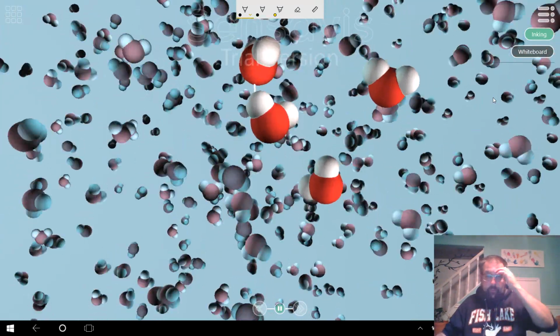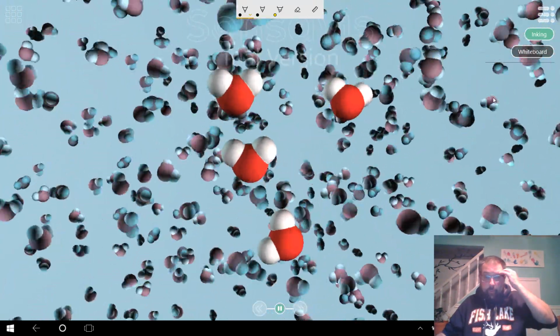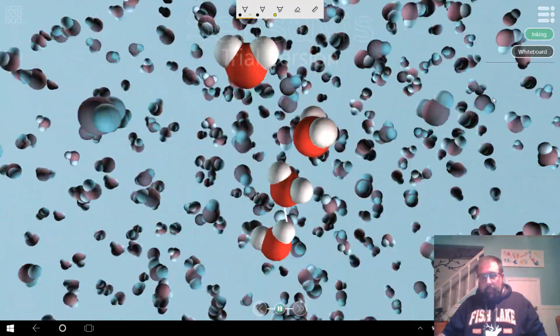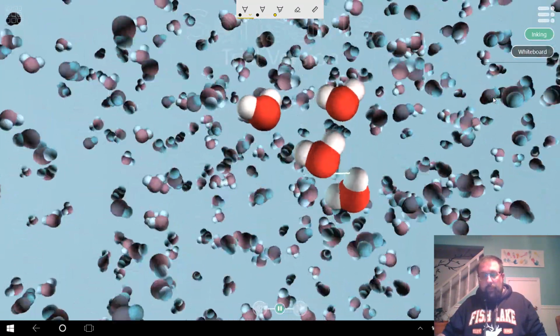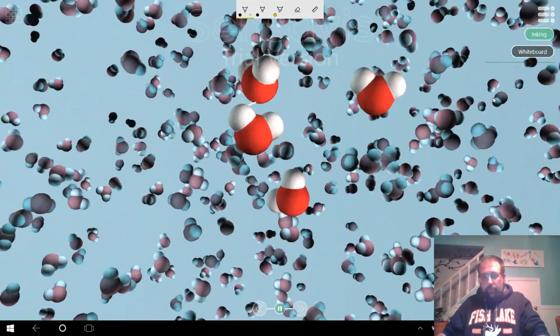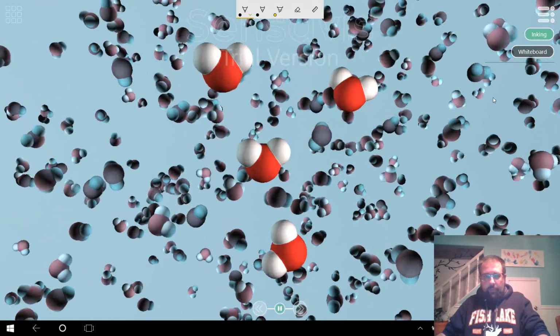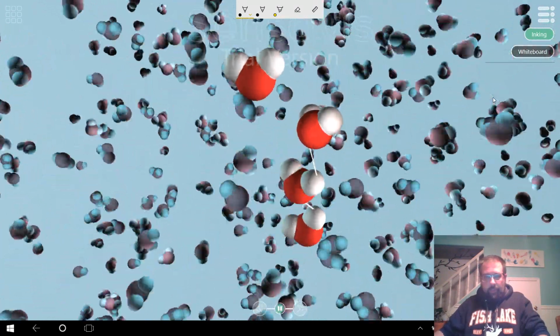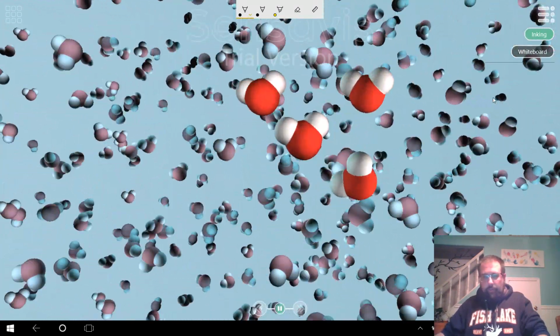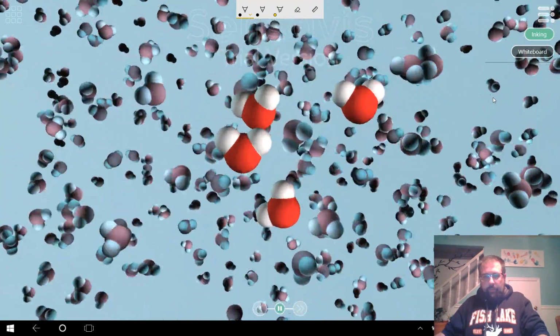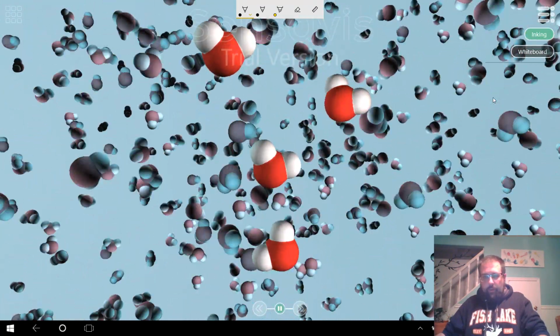So go ahead and take a minute to model 3 or 4 molecules as liquid, with 1 or 2 showing this weak bonding that you're seeing appear every now and again, that little lines. Remember, it's going to be positive hydrogens to negative oxygens.